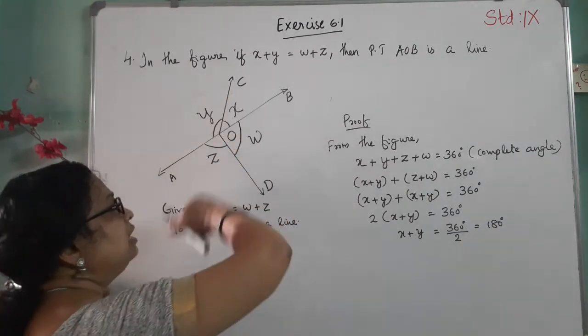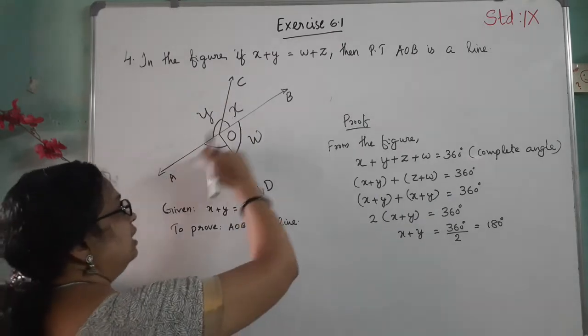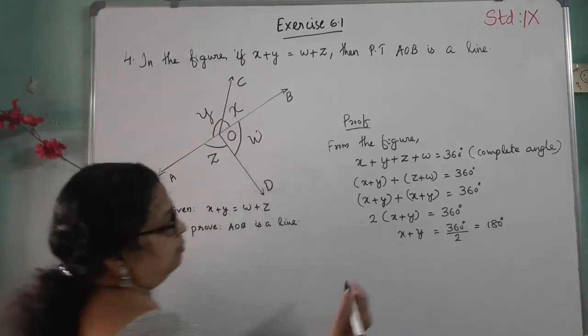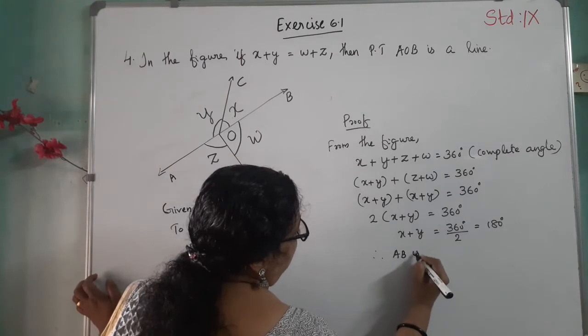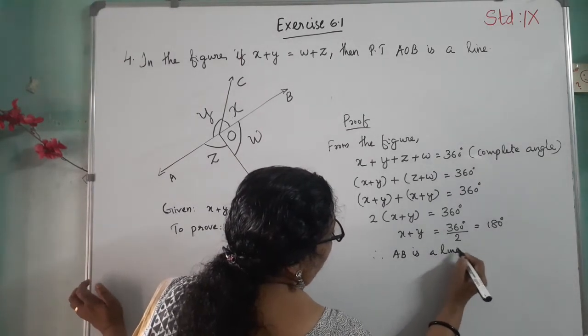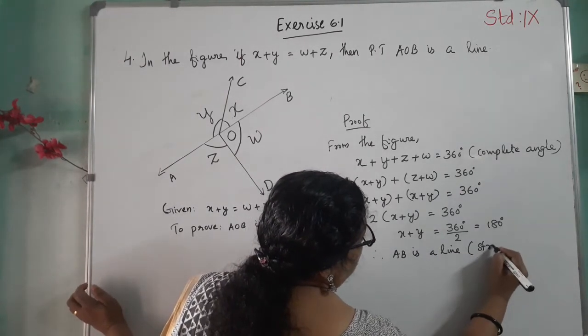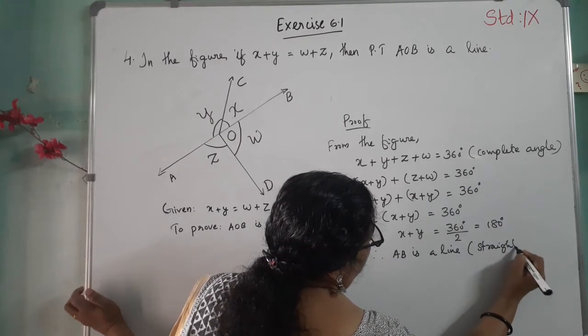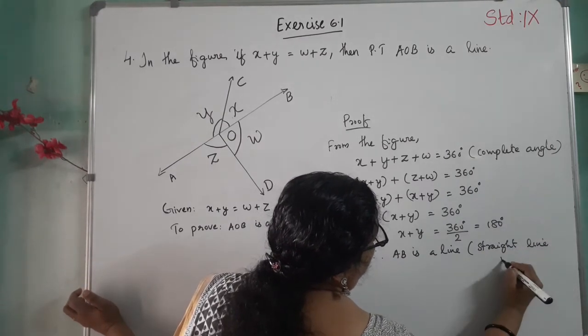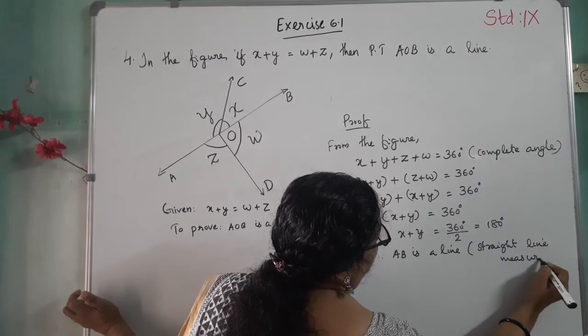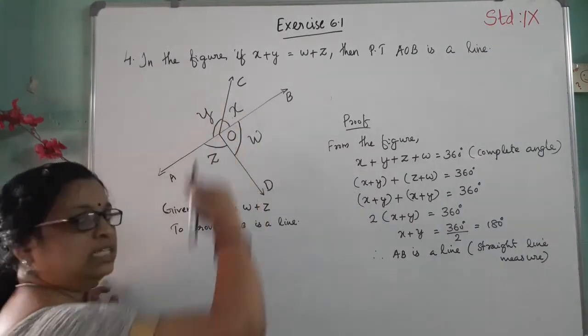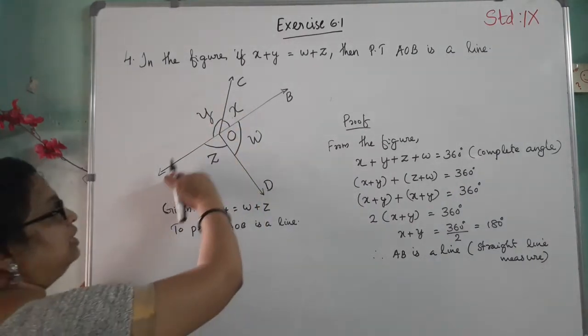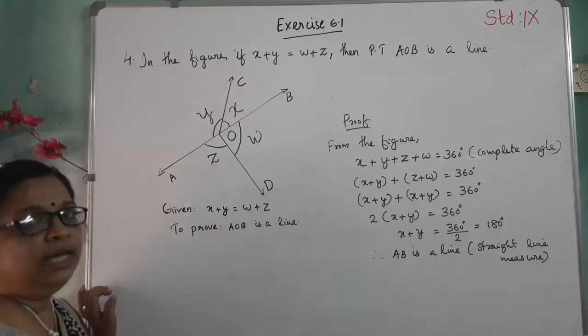These two angles sum to 180 degrees, then AB is a straight line. Therefore AB is a line.